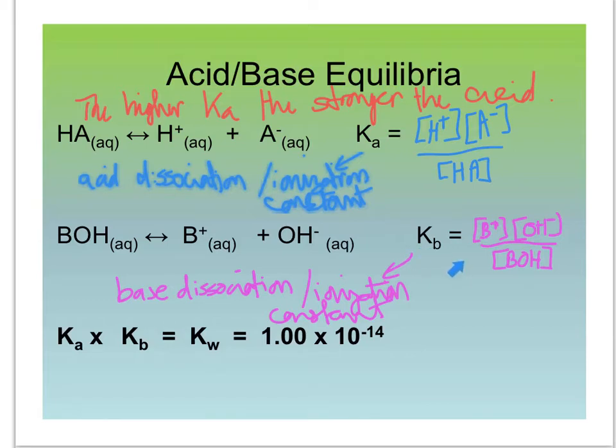Similarly, Kb, again, if it's high, that means I get a lot of ions, which tells me that it's a stronger base. So the higher the Kb value, the stronger the base, meaning that I get more ionization, more OH minuses, and a higher pH. So let's write that down.